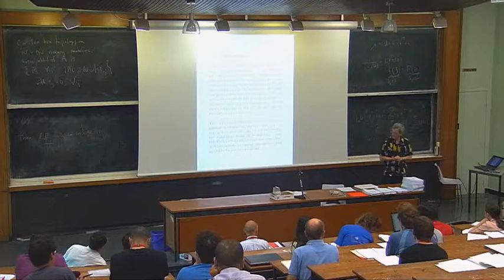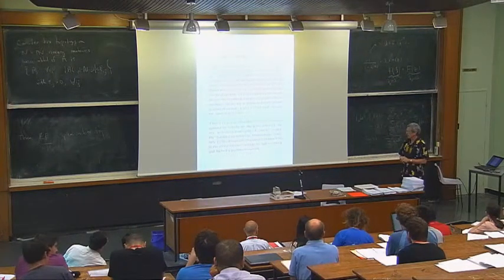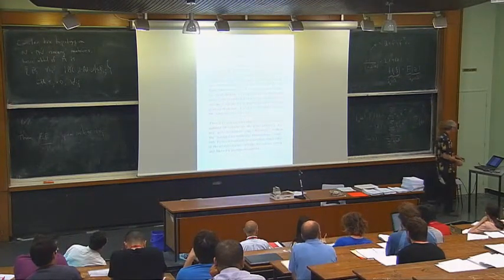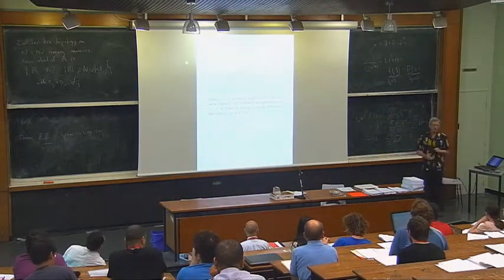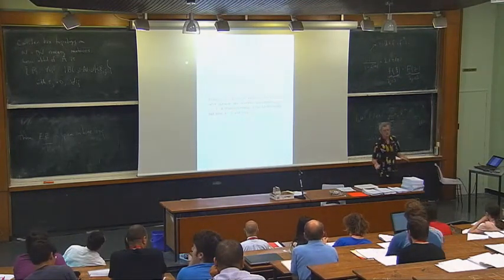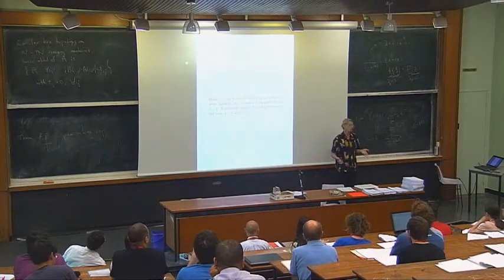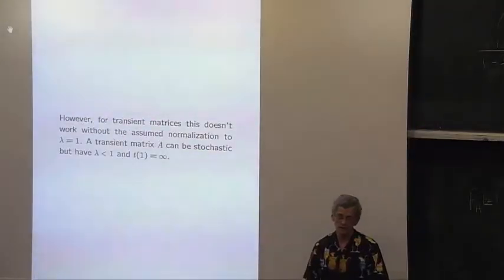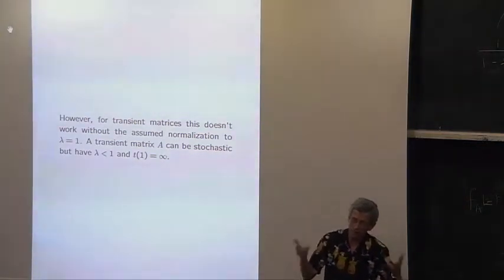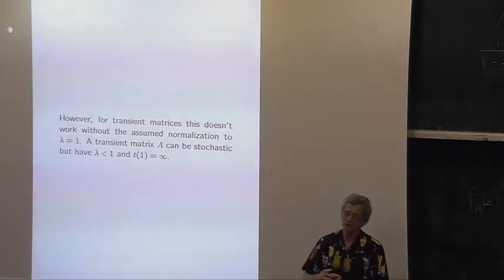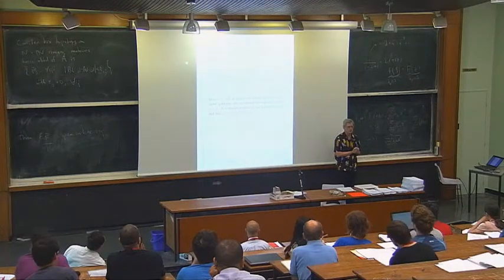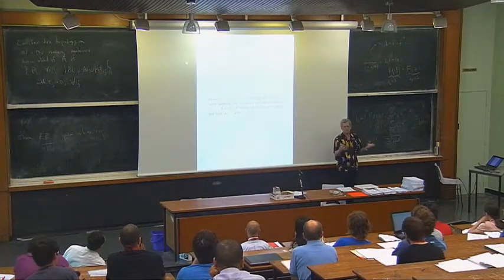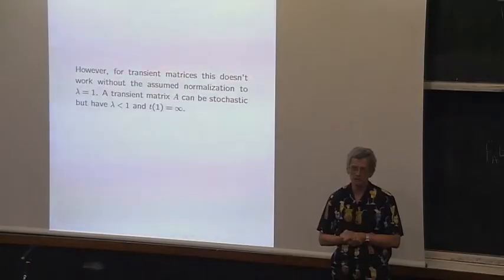Okay, so everything's fine except in the transient case, as we've already seen, you can have a stochastic matrix which has a Perron value which is smaller than 1. Okay, and then probabilistically, you could see an expected infinite number of returns to the origin, but it would be transient in the sense of this terminology for the Perron value.